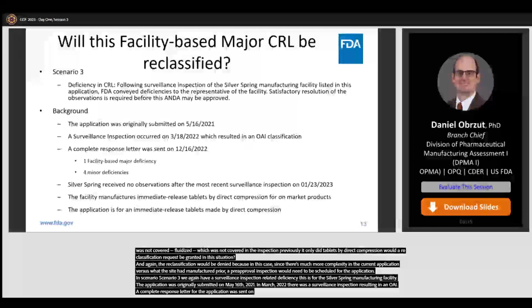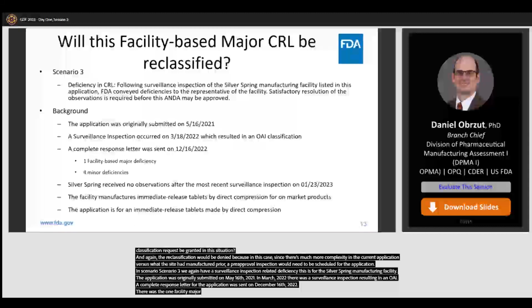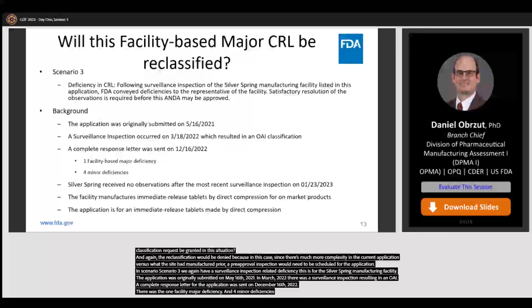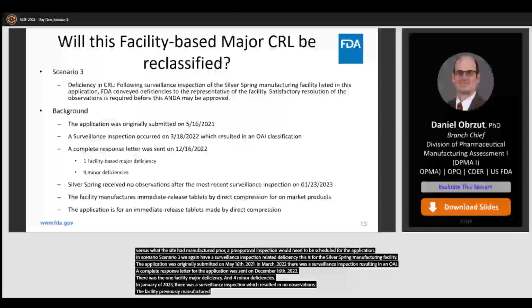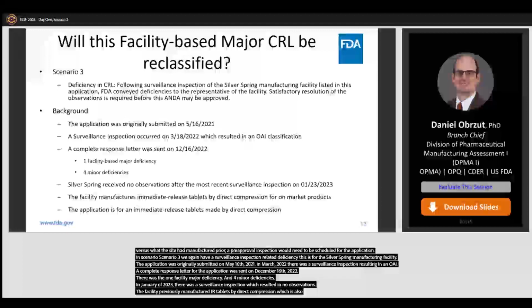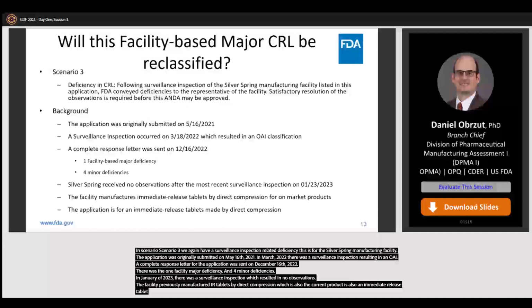There was 1 facility major deficiency and 4 minor deficiencies. In January of 2023, there was a surveillance inspection which resulted in no observations. The facility previously manufactured IR tablets by direct compression, and the current product is also an immediate release tablet made by direct compression. In this case, would reclassification be granted?